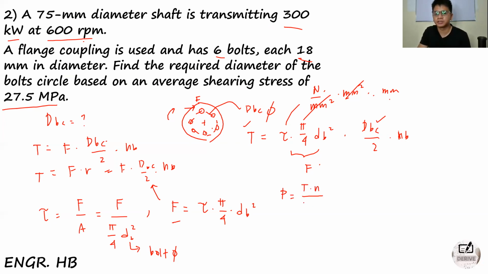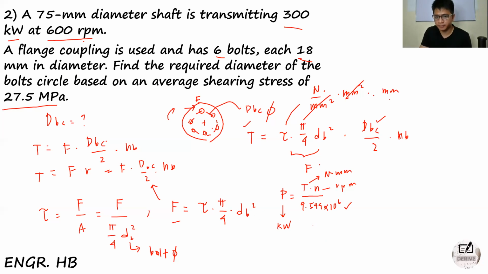Of course, meron tayong constant dito na kapag metric, we have the 9.549 times 10 raised to 6. Para magkaroon ng power na kilowatt, kailangan yung torque mo is in Newton mm and your N or speed is in RPM and divide by this constant. So meron tayong power in kilowatts which is the 300. Meron naman tayong RPM na 600.